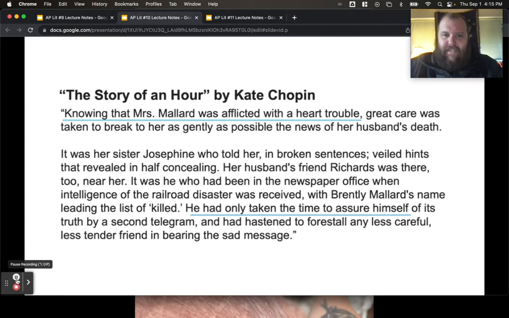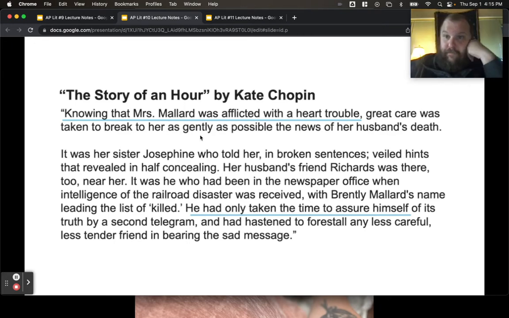Okay, and so with that excerpt under our belts, look at these two underlined bits. Knowing that Mrs. Mallard was afflicted with a heart trouble, and then this other character, Richards, is this kind of friend of the family. He had only taken the time to assure himself of its truth by a second telegram. If you're not familiar with this story, essentially what we're dealing with is we have this woman, Mrs. Mallard.